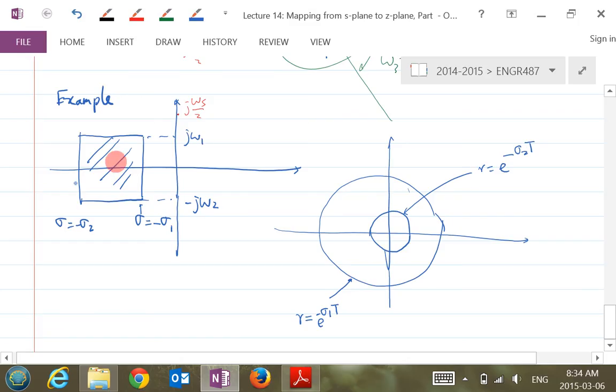Now consider the two horizontal lines. We know the horizontal ones are constant frequency, and they will be mapped as radial lines in the Z-plane.